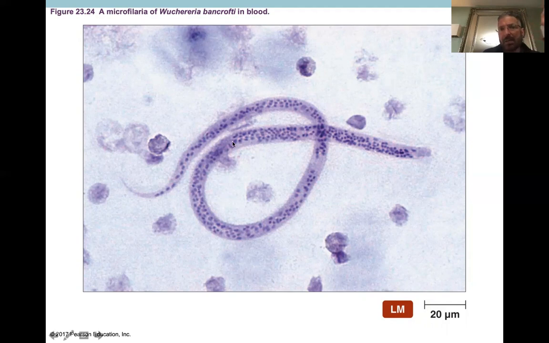If this blocks the exit of the efferent vessel, we have no way of getting fluid to leave that node. If it's one node, not a huge problem, but the problem is if these larvae infect more than one node, or the nodes of that entire extremity.